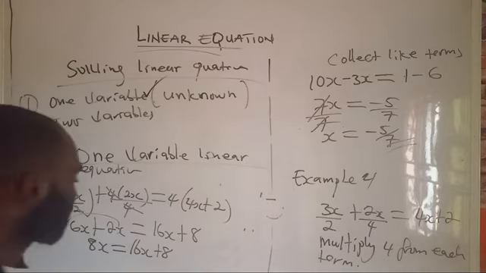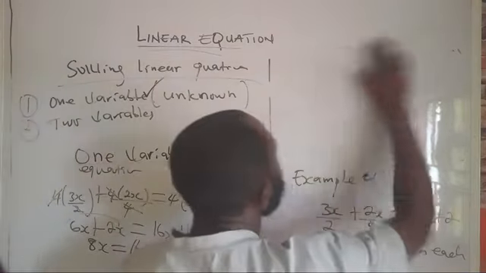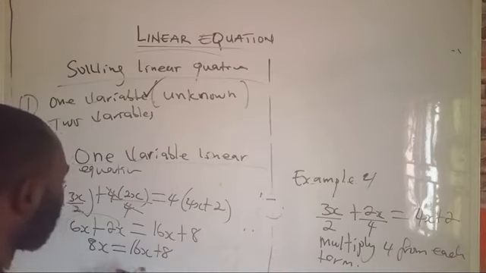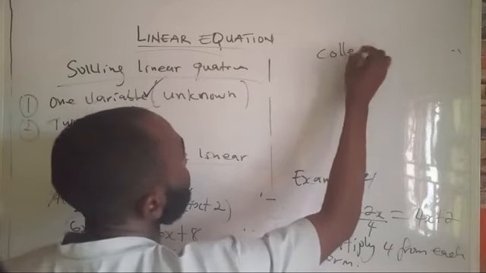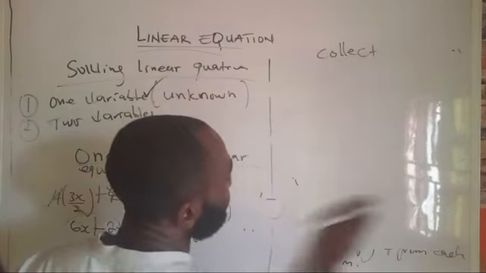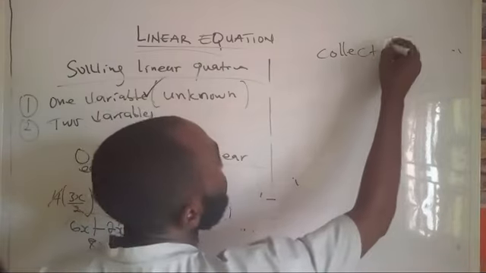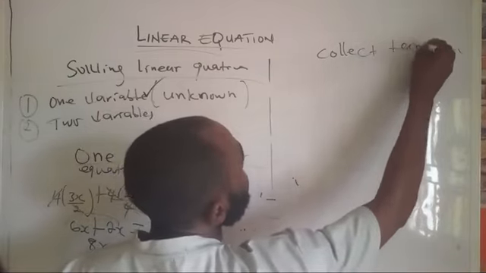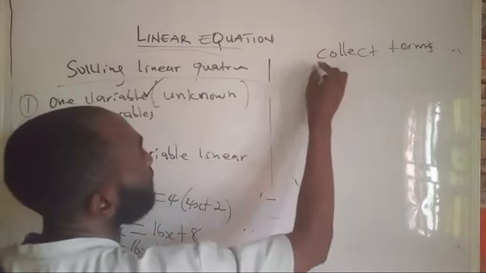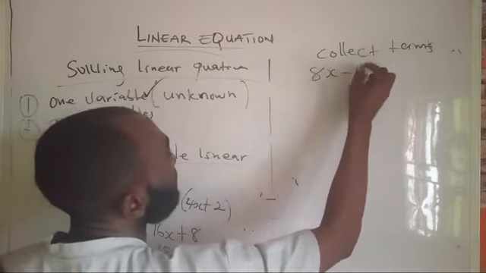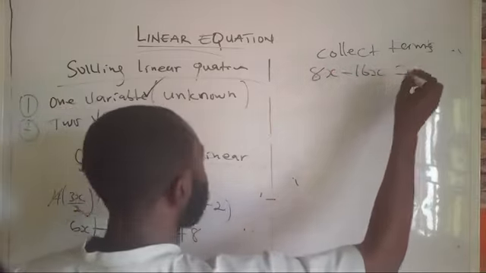So now let's collect like terms. We now have 8x minus 16x is equal to 8.